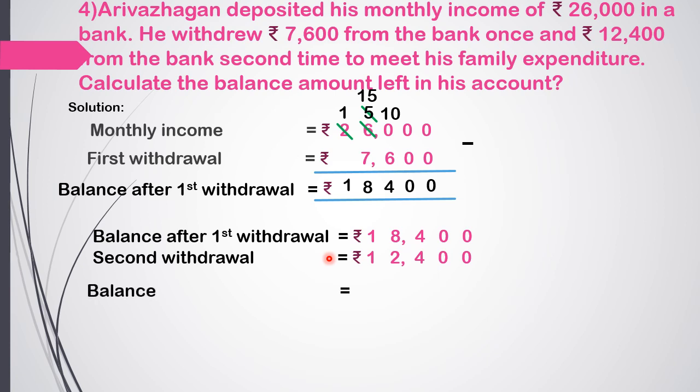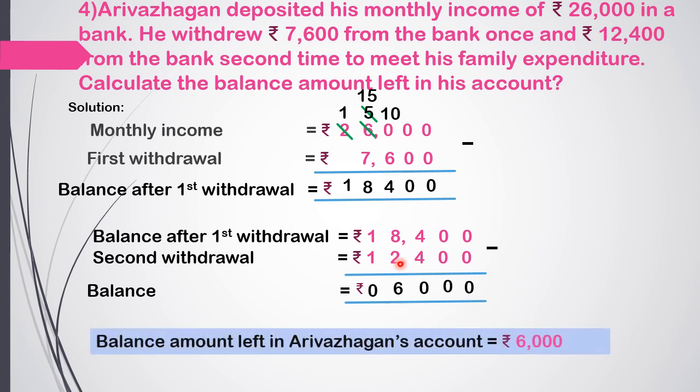So 0 minus 0 is 0, 0 minus 0 is 0, then 4 minus 4 is 0, then 8 minus 2. What is 8 minus 2? 3, 4, 5, 6, 7, 8. That is 6. Then 1 minus 1 is 0. So the balance amount left in Arivalagan's account is rupees 6,000.